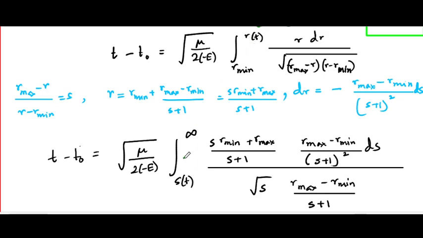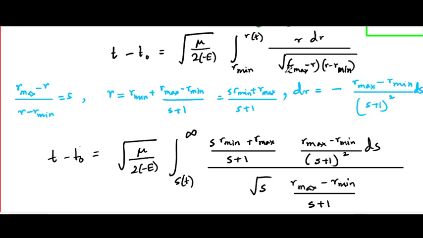But the switch in the order of the integrals has simply occurred because of the minus sign here. I've just absorbed that minus sign by switching the order so that it becomes s of t to infinity. Now this is the r in the denominator, s times r min plus r max by s plus 1. This is nothing but dr, except of course for the minus sign.